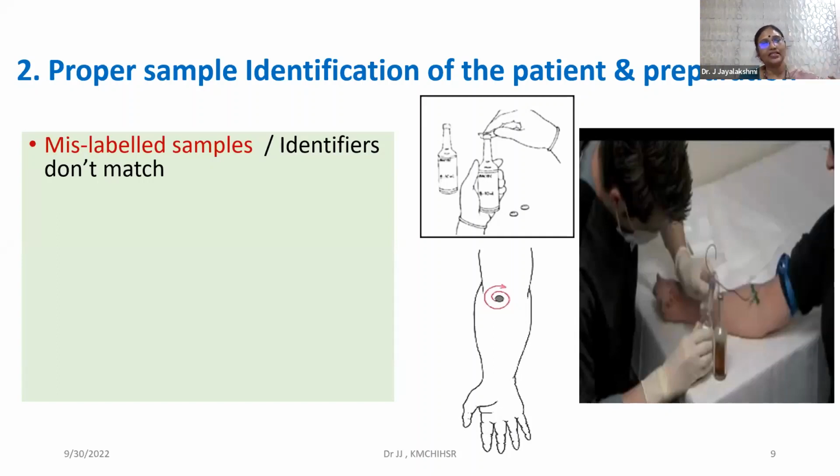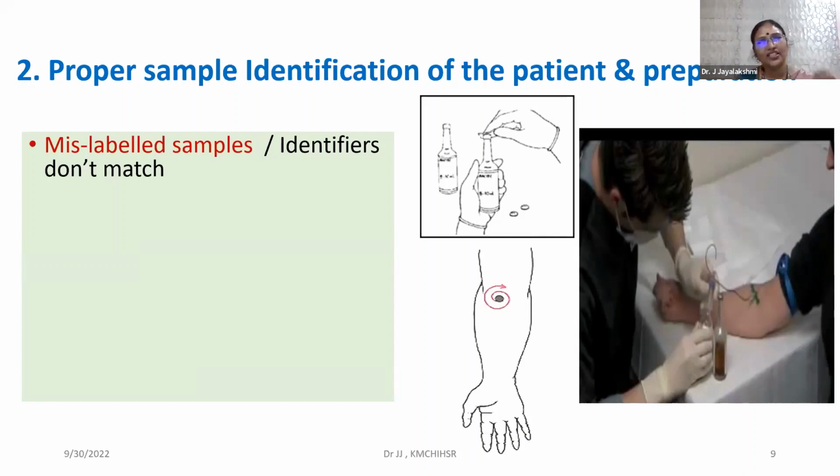It is a practice in some places still, in high load clinical areas with very limited workforces, that nurses or phlebotomists pre-label the tubes and keep them ready, thinking that it becomes easier. Sometimes they don't put the right label on the samples, so they don't match. So it's always good to match your samples with your test request forms, and that will be the best thing to do.